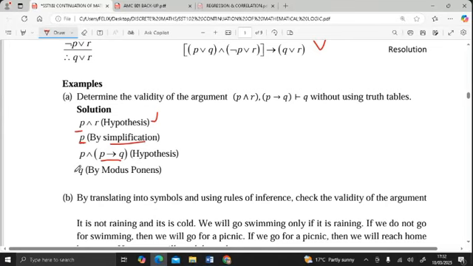In using those to determine the validity of statements, like in this one, we see that this is the hypothesis, and it gets us to this by simplification. And when we have this conjunction, P implication Q, we conclude that it is Q because of modus ponens.